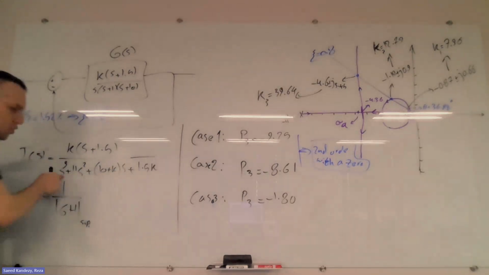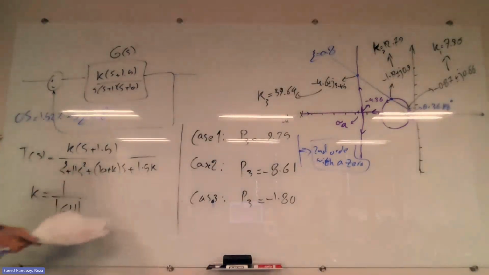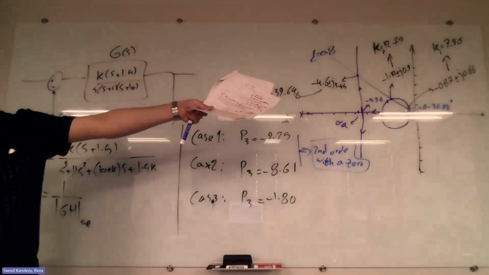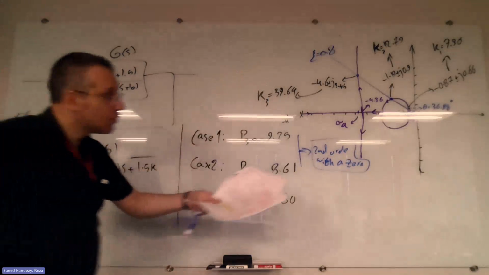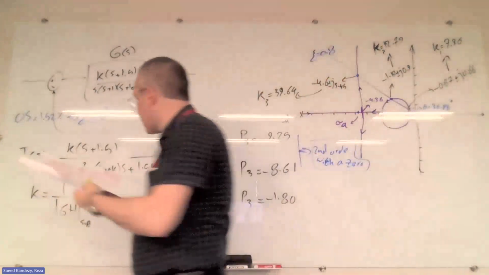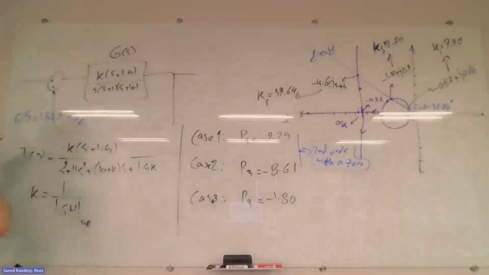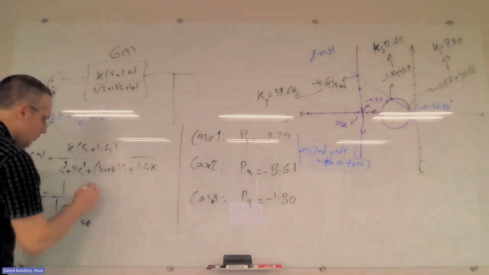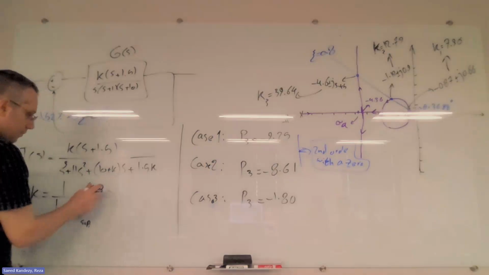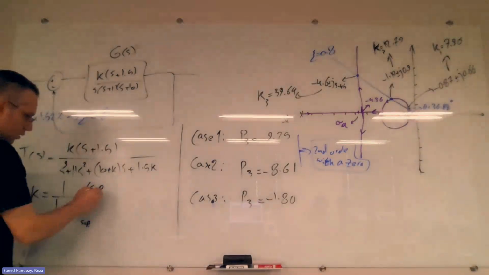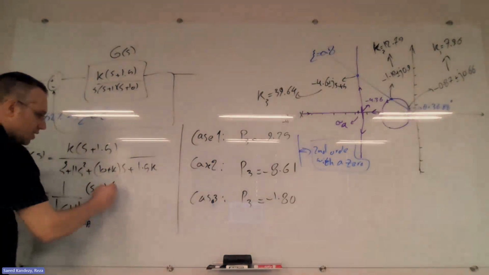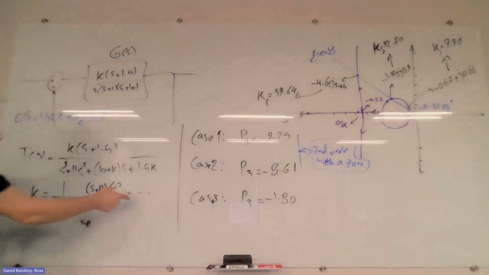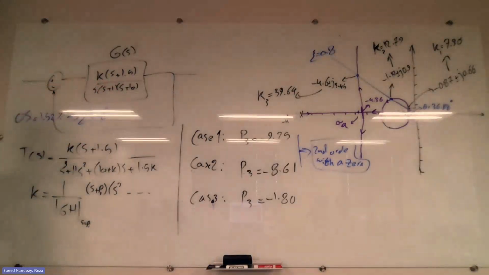So now you have a third order equation, and you know two of the poles are those two. So if two of the poles are those two, you can basically simplify this. There is going to be some s plus P3 times the second order system whose poles are those.